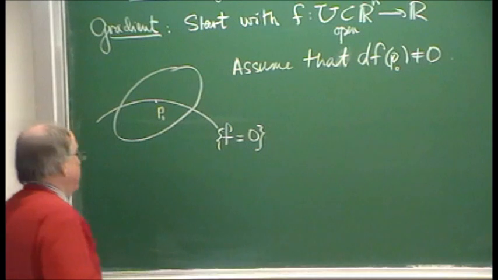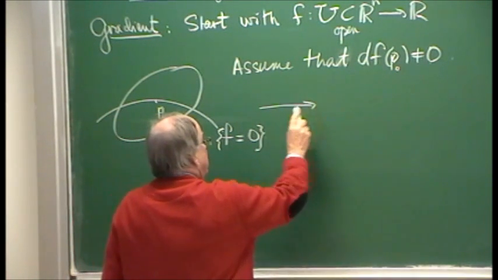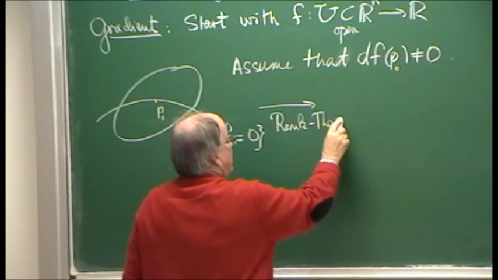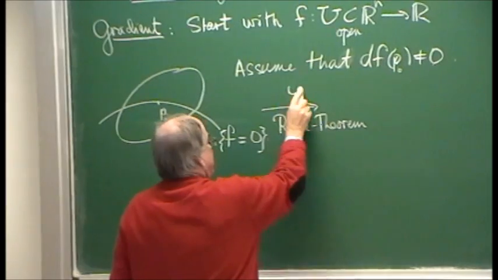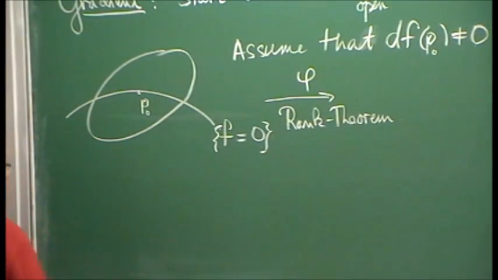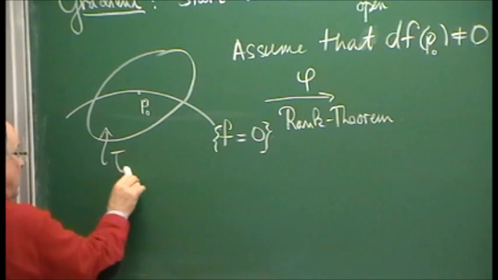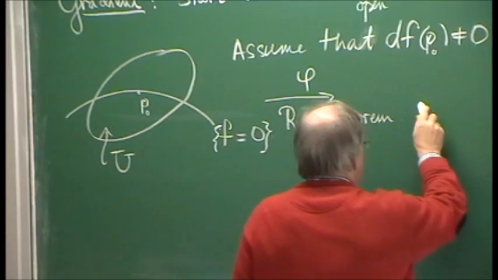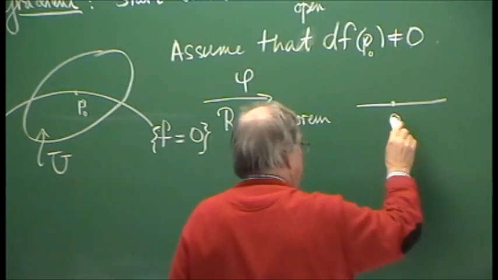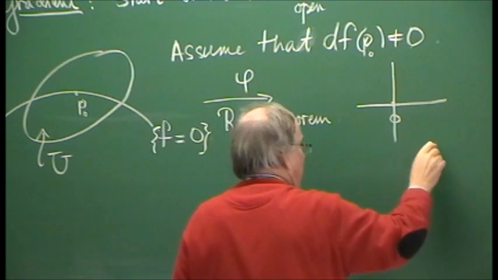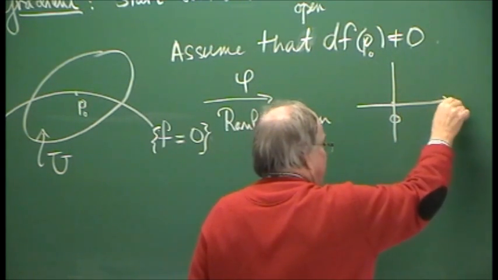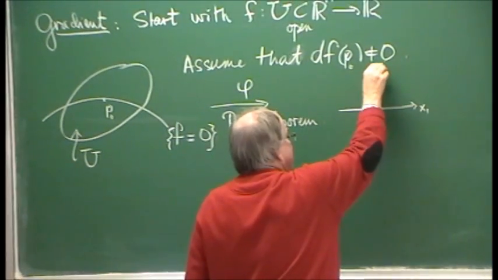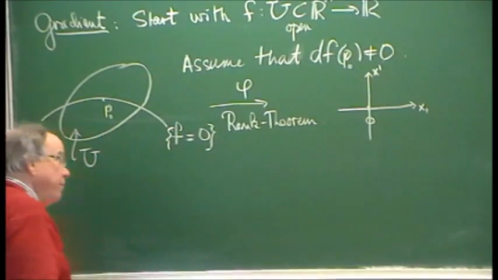Now the rank theorem says that there's a diffeomorphism of U onto a neighborhood of 0 in Rn. This time I normalize and make it 0. Say this is the x1 axis, and from now on, the remaining variables I call x prime.